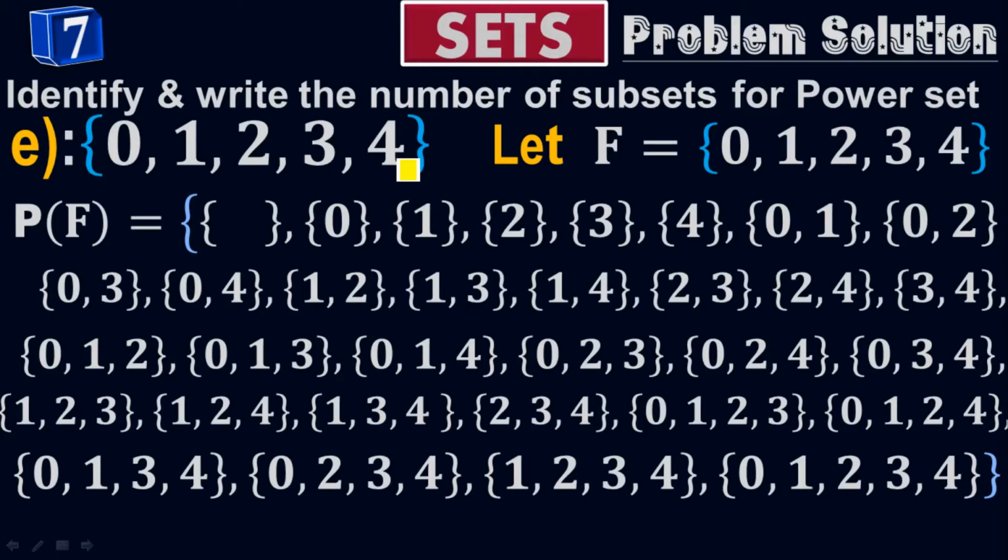Then it won't be easy to get all the subsets. But if you follow the step-by-step procedure, it will be easy for you to get all the subsets. If you have no idea, just go back and check the previous section. That is a step-by-step procedure to get all the subsets.